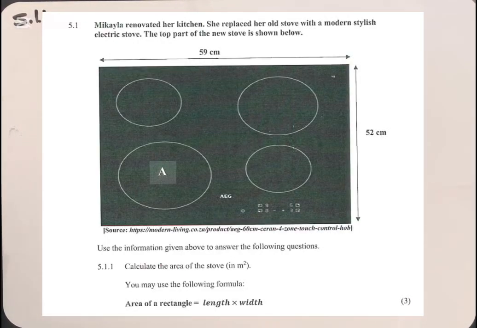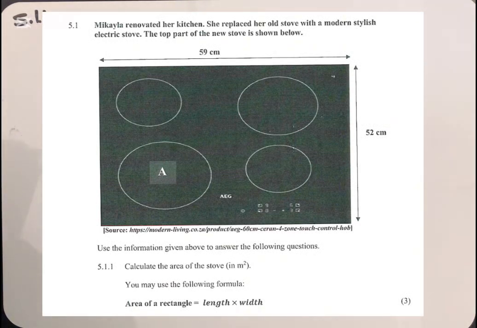Question 5. This is our last question. It says, Michaela renovated her kitchen. She replaced her old stove with a modern stylish electric stove. The top part of the new stove is shown below.